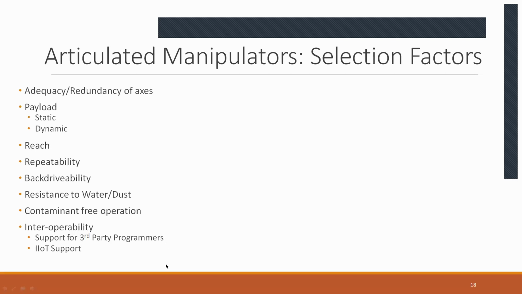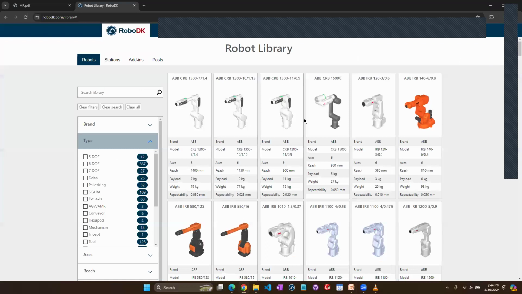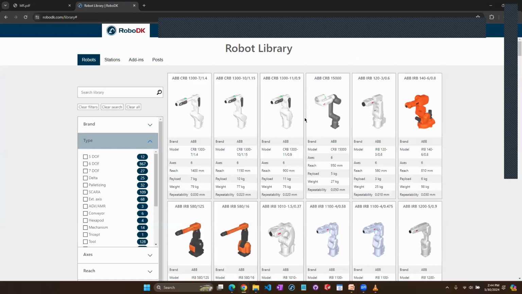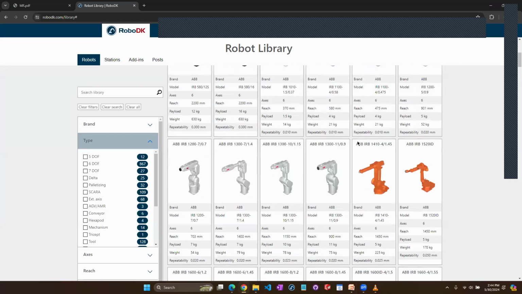So previously, all the robots, I would say back in the 2010s also, all these robot models came with a vendor-provided programmer and a teach pendant. Now, even though those are still provided, these also support programming using third-party programs.